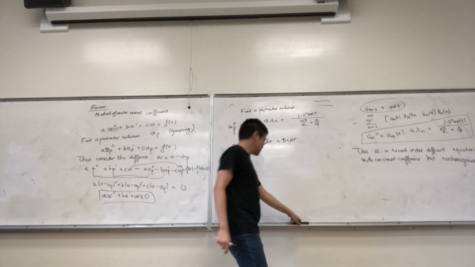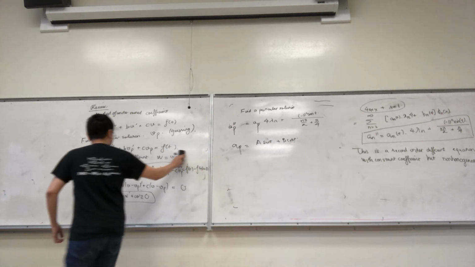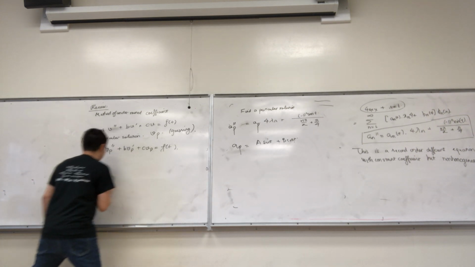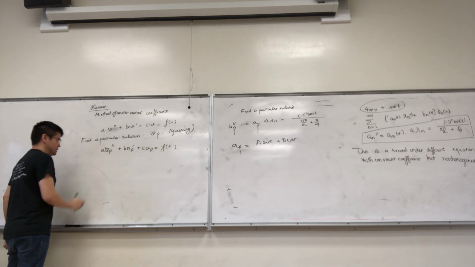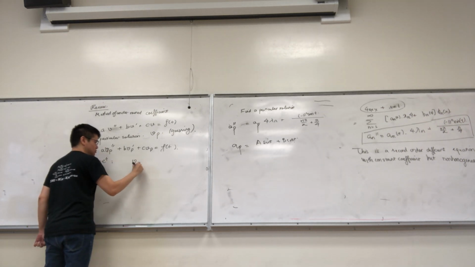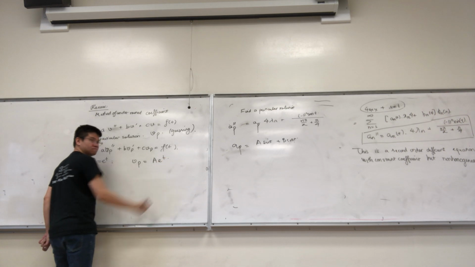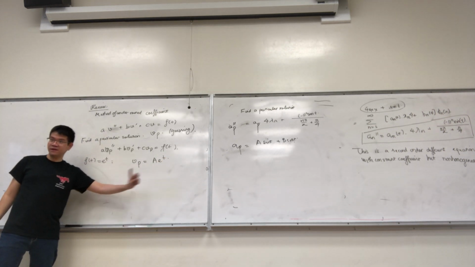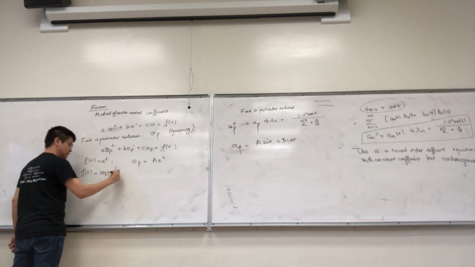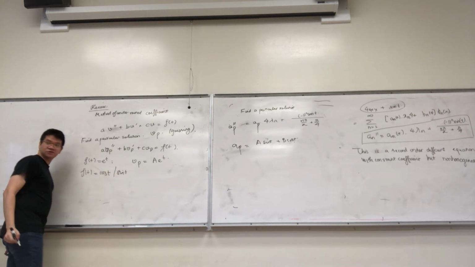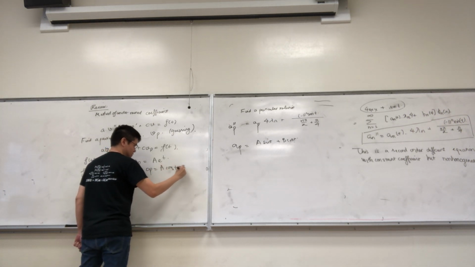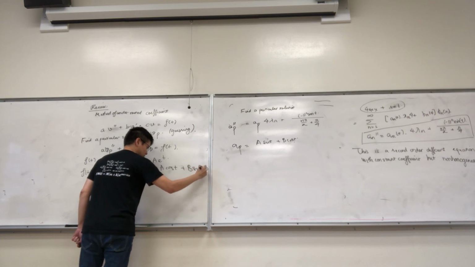To find a particular solution, the 3 most important cases are: when f(t) is e to the t, Vp should be A e to the t, and you have to compute A. When f(t) is a combination of cosine and sine, Vp should be A cosine of t plus B sine of t.